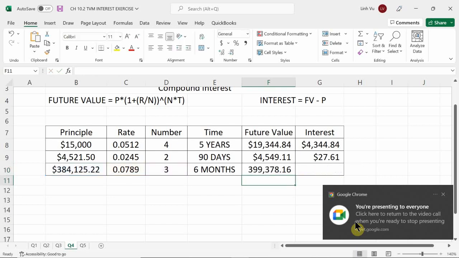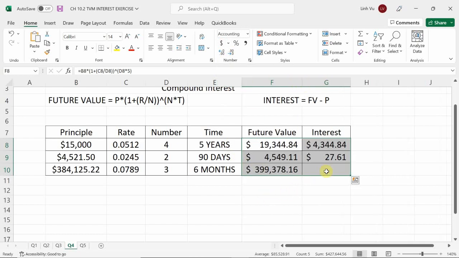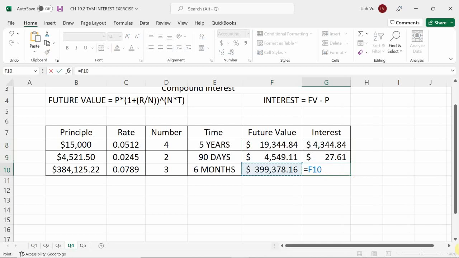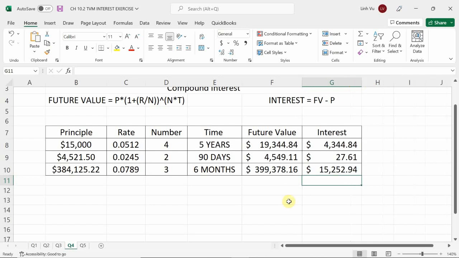And that's going to give you $399,378.16. So in this case, how much interest is going to be collected? $15,252.94. Okay, good.